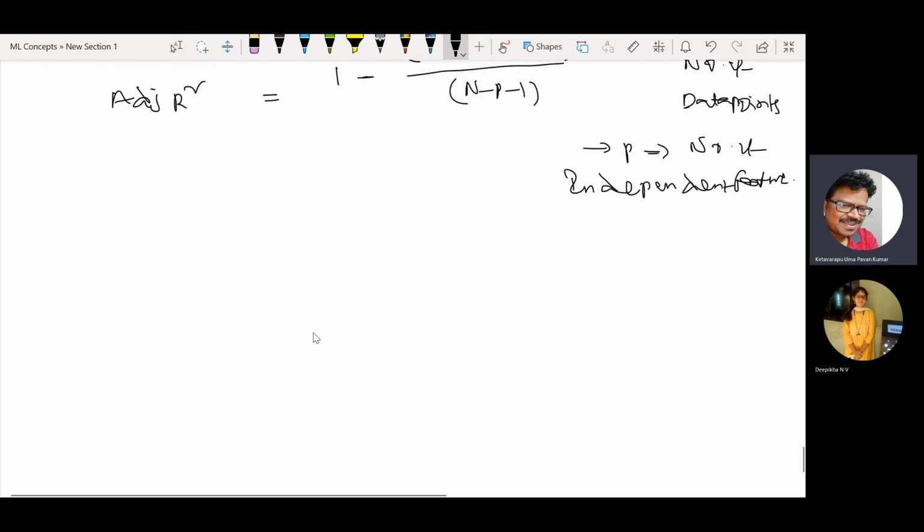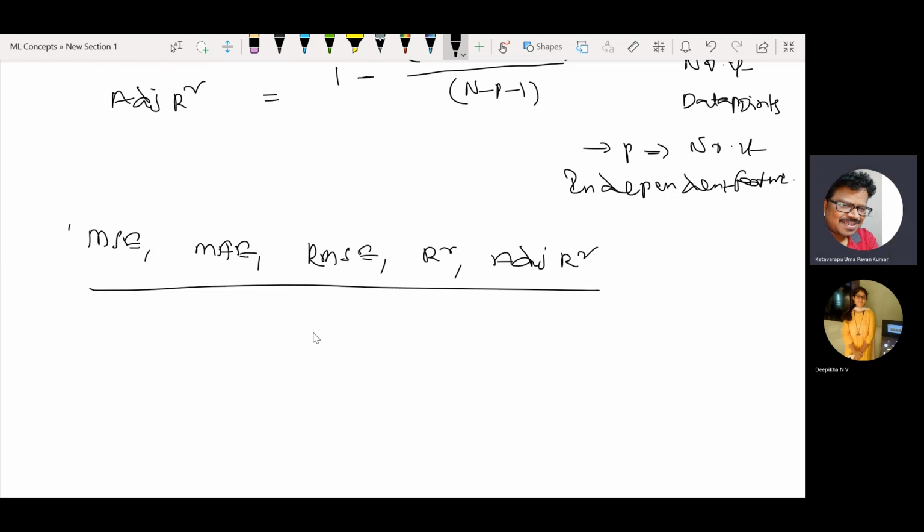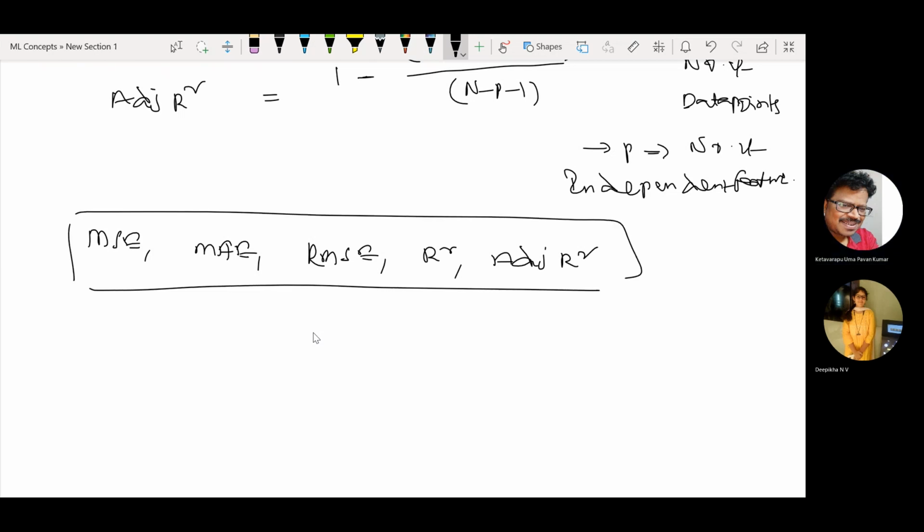So far what we have seen, guys: mean square error, mean absolute error, root mean square error, R square, adjusted R square. The questions I have already given. In root mean square error, it is just a standard deviation kind of calculation.